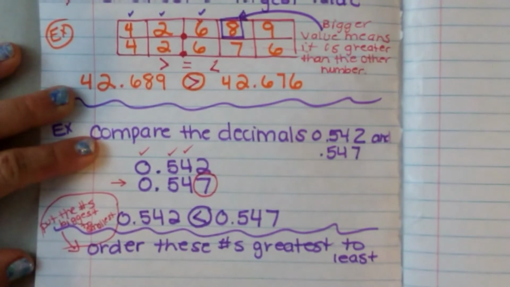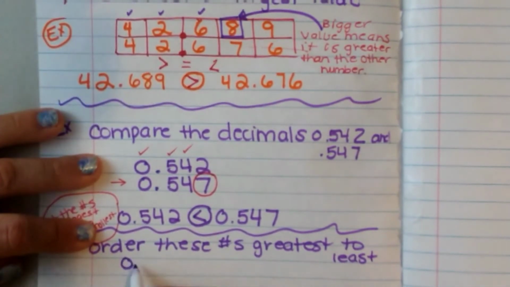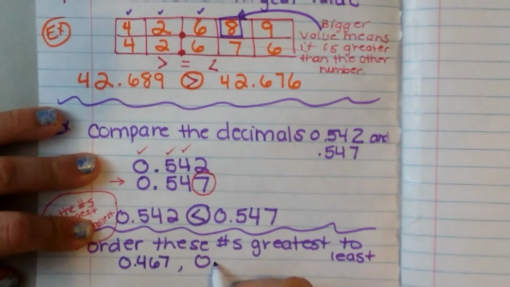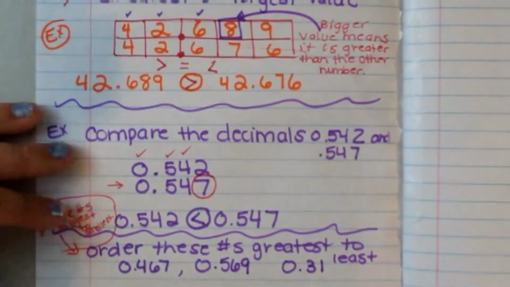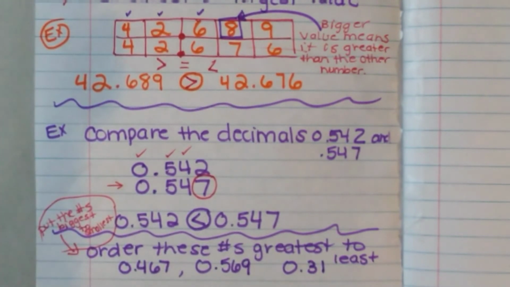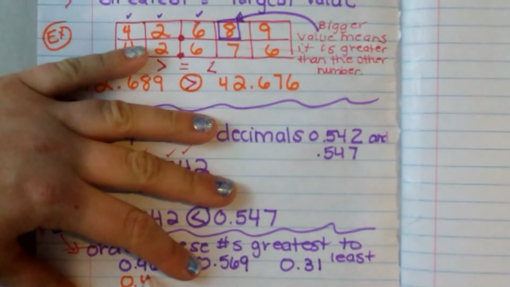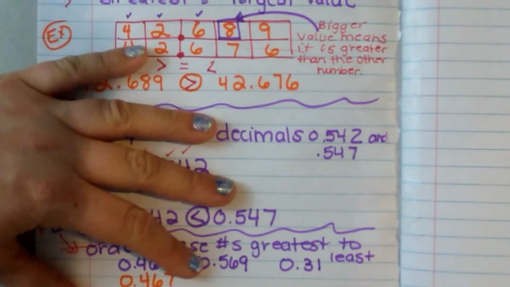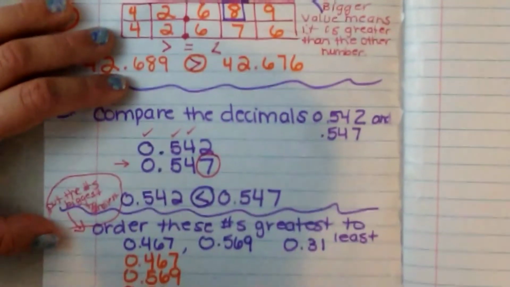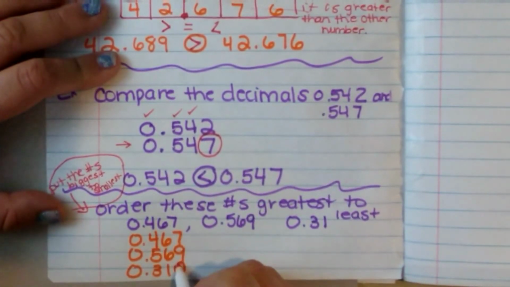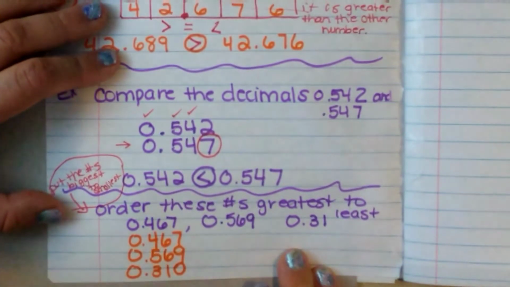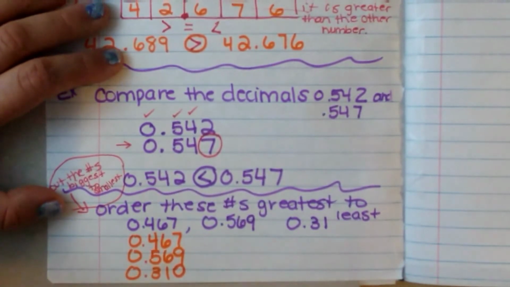So I'm going to line them up the same way. So here are my numbers: 467 thousandths, 569 thousandths, and 31 hundredths. Okay, I'm going to line them up. Now remember in our lessons before, if I add a 0 here, it's still the same. So if I'm missing one, we're just going to add a 0.